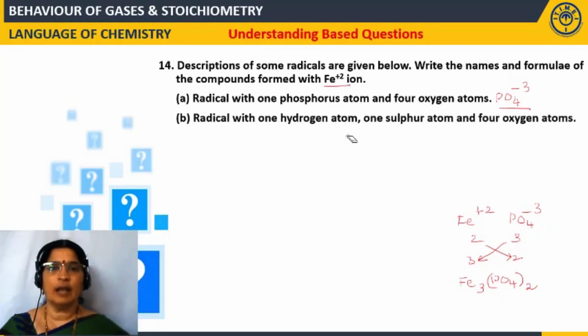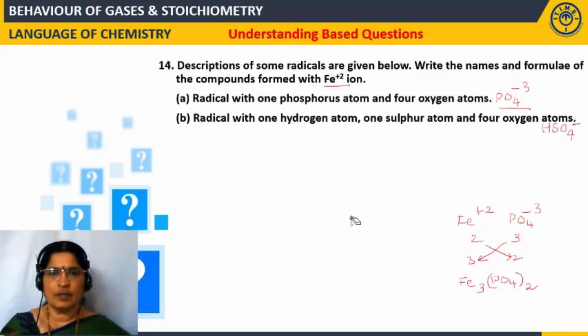Radical with 1 hydrogen atom, 1 sulfur atom and 4 oxygen atoms. Means 1 hydrogen, 1 sulfur and then 4 oxygens. So you can understand that it is derived from sulfuric acid after it loses 1 H plus. Therefore it gets minus 1. It's a monovalent radical.